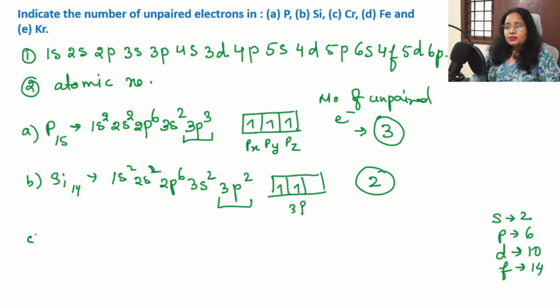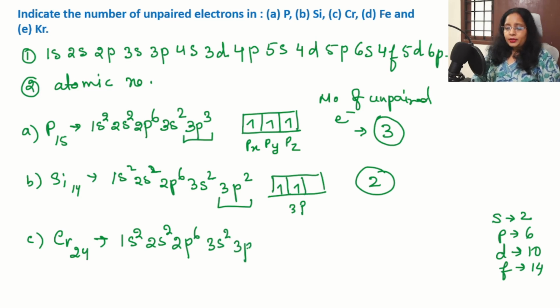Same way C means chromium. Now chromium atomic number is 24. The second thing is that writing the configuration of chromium, we will see an exceptional case. You have to remember this every time. Now start 1s2, 2s2, 2p6, 3s2, then 3p6, then 4s1 and then 3d5.